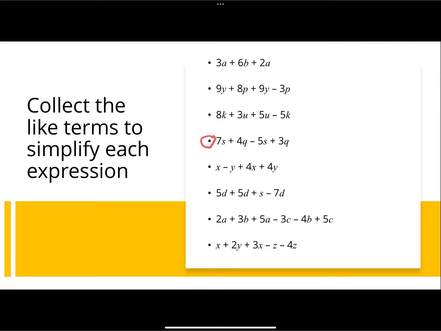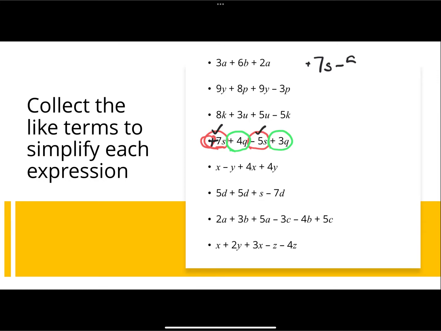Let's look at this one. Again, I have s's, so let's put a circle around this one and a circle around this one. And I have q's. Let's rewrite it with our positive 7s at the start. So I'll start with this one here. 7s, I'm going to put a little positive there to remind myself.